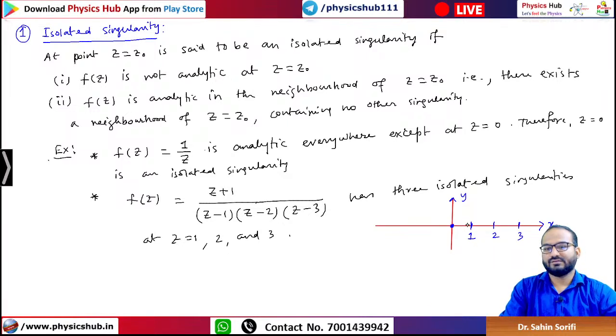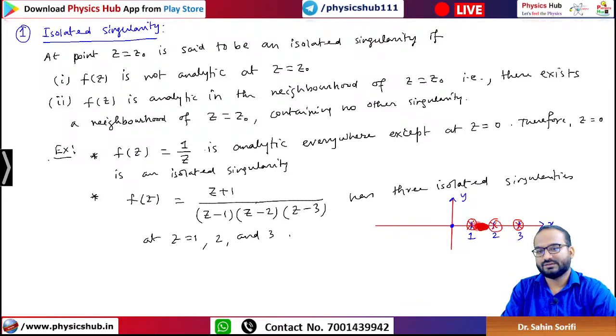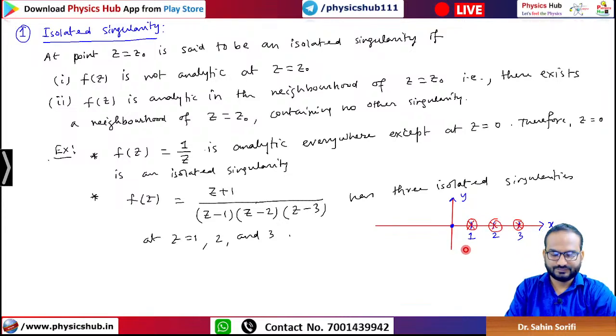So we have the singularity here, here, here, and as you can see, in the neighborhood of 1 there is no other singularity until you reach 2. In the neighborhood of 2 there are no singularities, like 1.5 is not there, 1.01 is not there, 1.02 is not there, only 1, 2. So they are isolated. 3, they are isolated singularities. Clear?